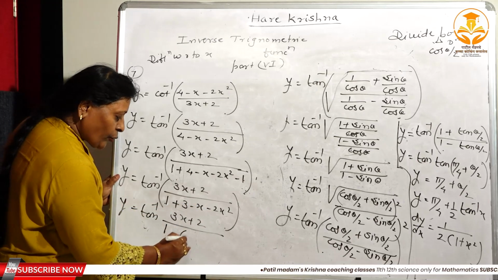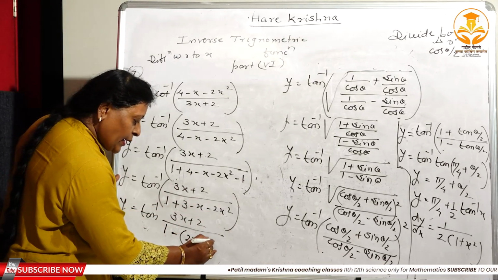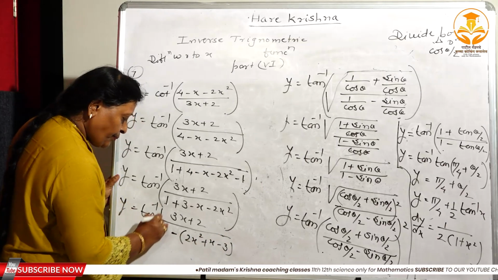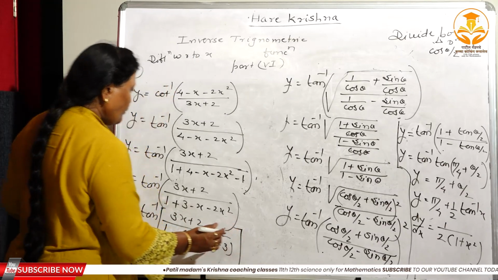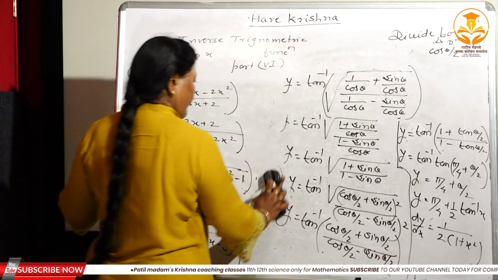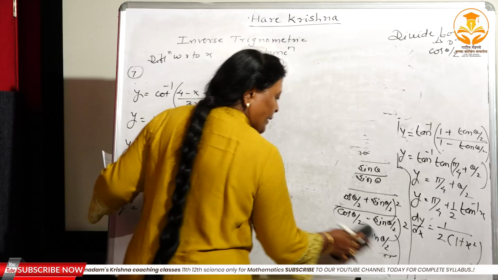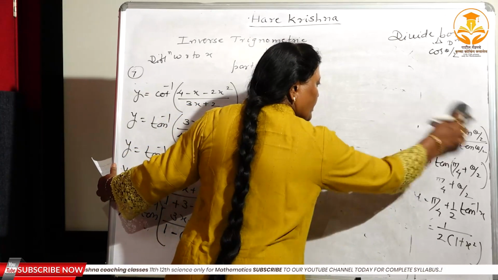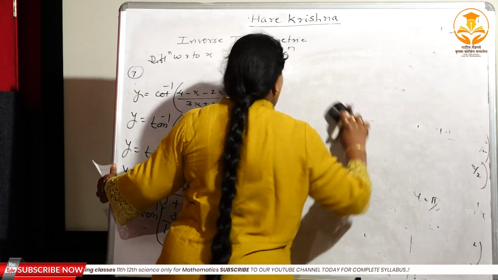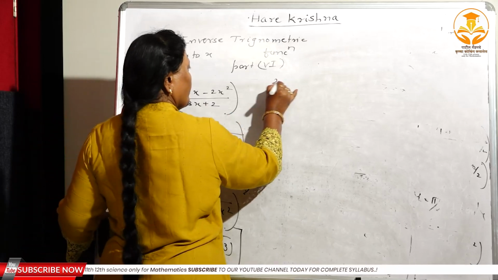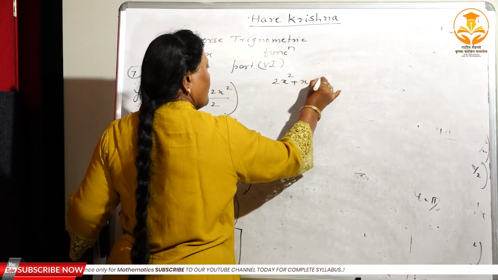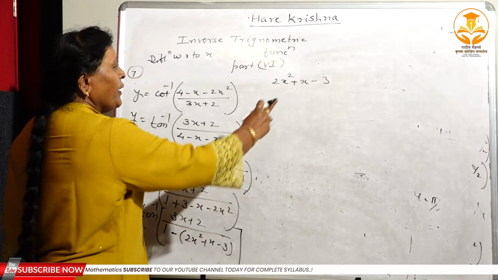If you take the minus sign common, 2x square plus x minus 3 you have got, isn't it? Now see what you have to do. Here you have to find the factors of that quadratic function. See what are the factors of this quadratic function. Here 2x square plus x minus 3. Here 2 and 3.